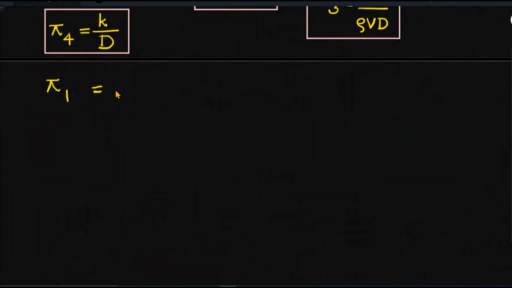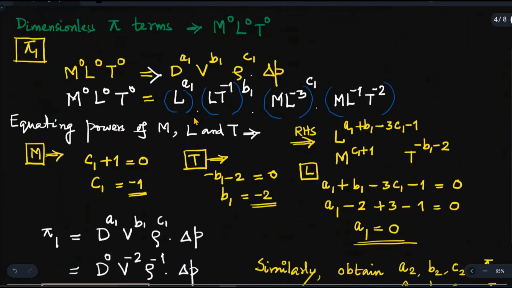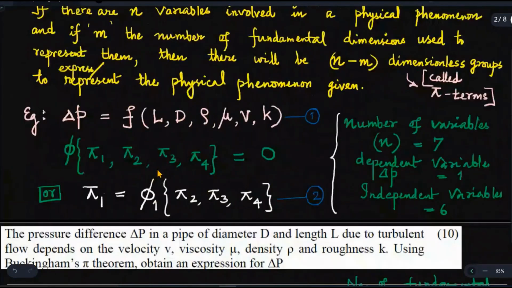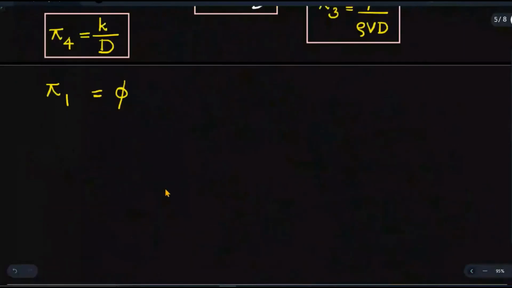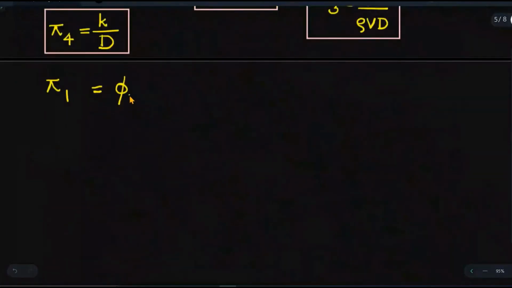So pi 1 is a function of, say, another function. Say I use phi 1 as a function of, I'm not going to use f of, because we have to use Darcy's coefficient of friction. So phi 1 of the pi terms pi 2, pi 3 and pi 4.